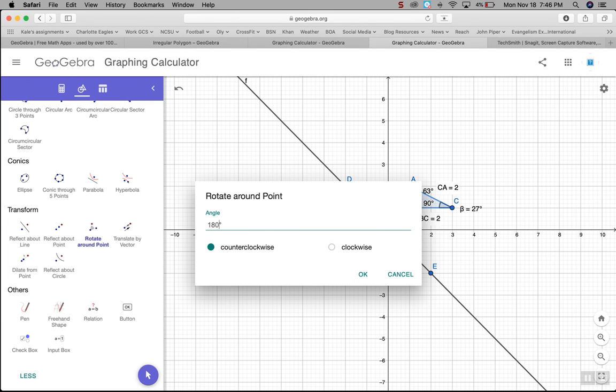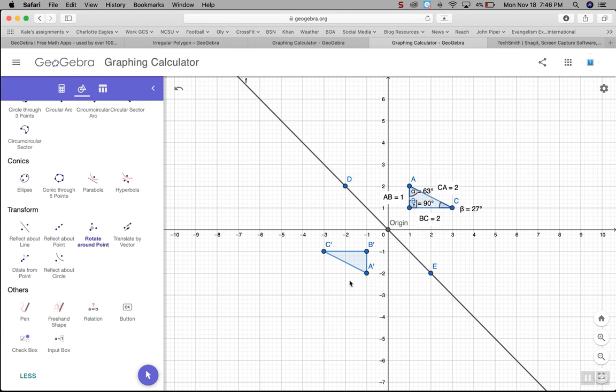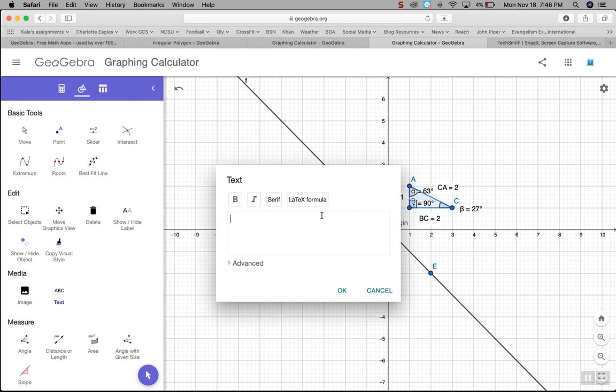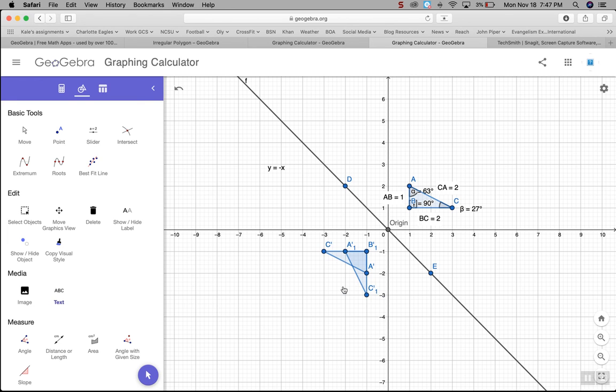And again, it doesn't matter if you go counterclockwise or clockwise. And then we're going to take the same image and reflect it across what here is y equals negative x. Again, this is a slope. y equals negative x. And so we have a negative slope here.